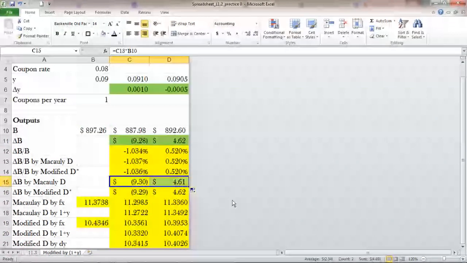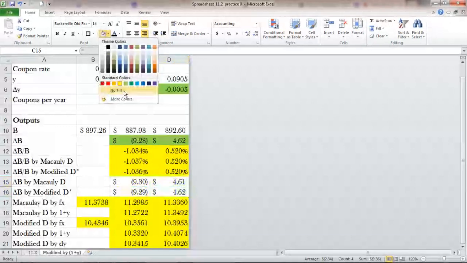Okay, so there was a slight difference, but we find, basically, okay, compare that.